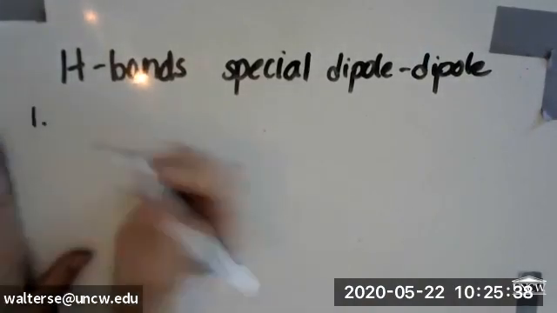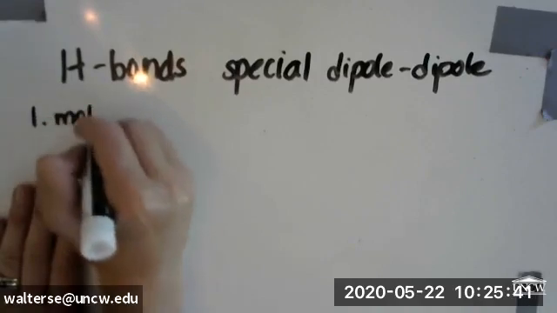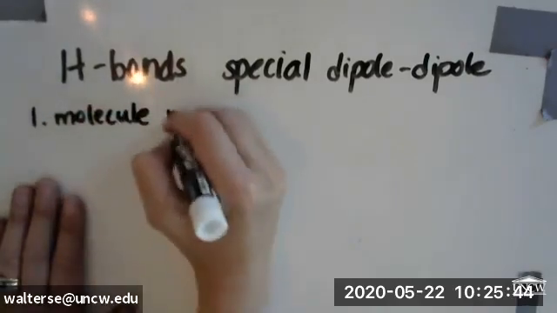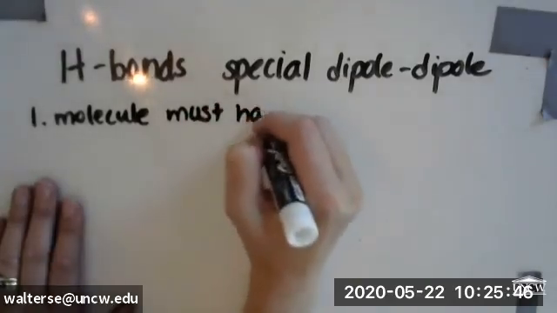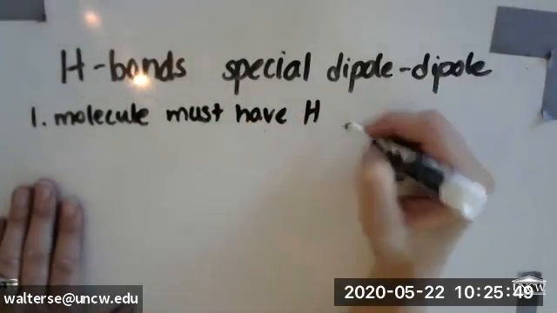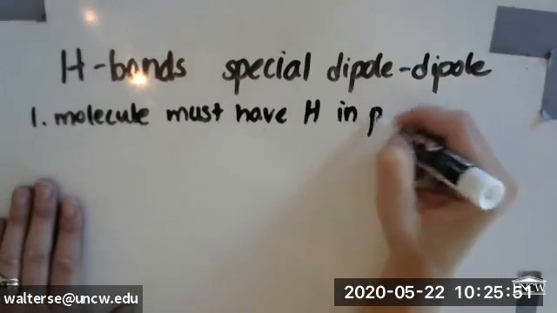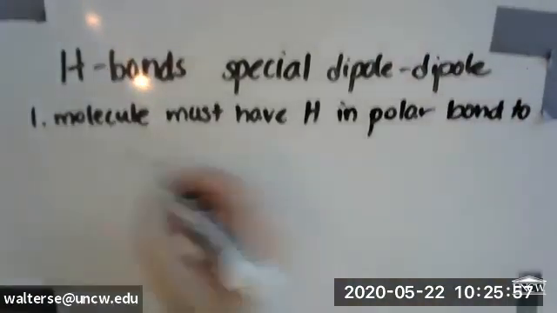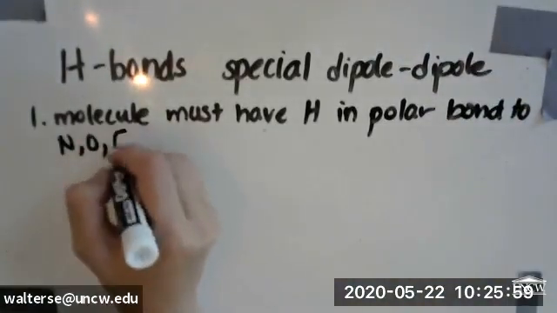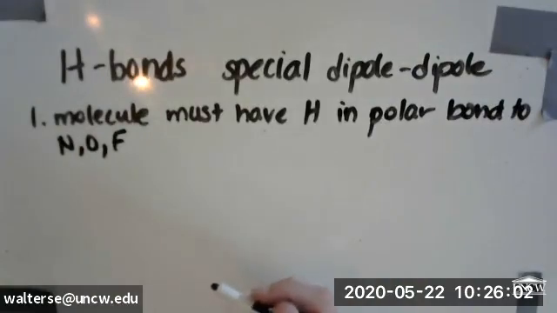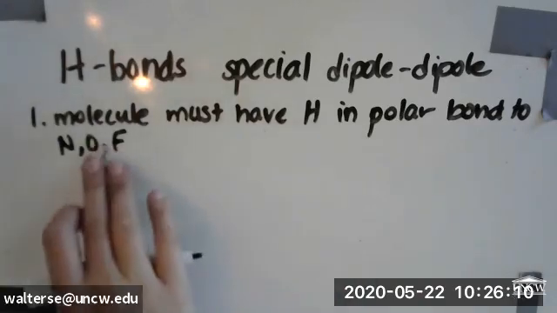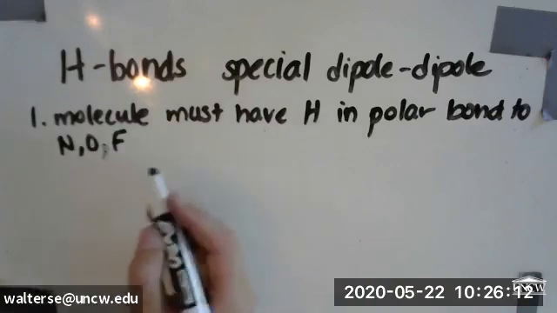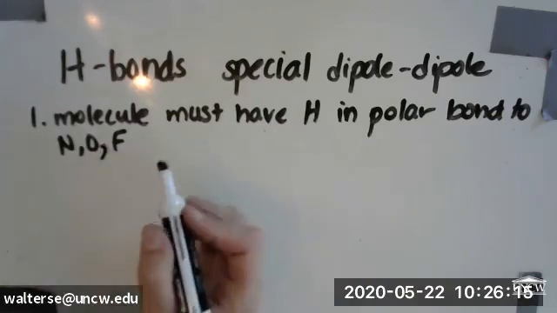The first component is that the molecule must have a hydrogen, but that hydrogen has to be in a polar bond to a nitrogen atom, an oxygen atom, or a fluorine atom. Nitrogen, oxygen, and fluorine are the most electronegative atoms on the periodic table. And so when hydrogen is bonded to one of those elements, the bond is very polar and the hydrogen is very partially positive.